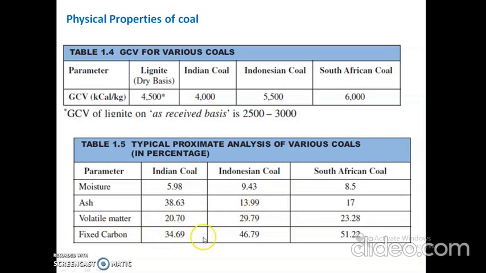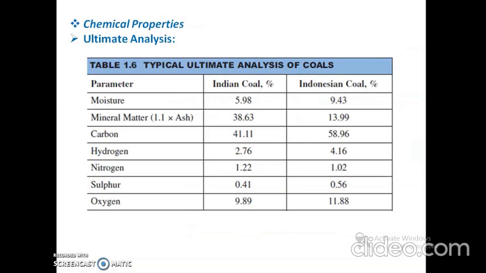Then fixed carbon percentage is of course high in South African and then Indonesian coal. That's why they have a higher calorific value than Indian coal. And lastly, the Indian coal has a fixed carbon content of 34% only.